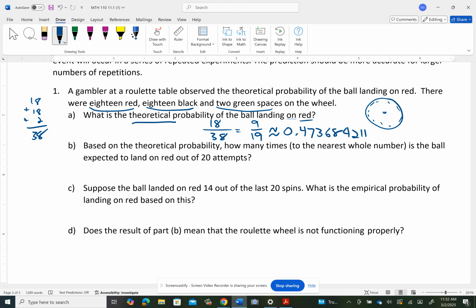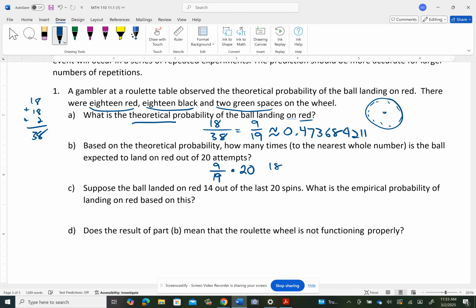So the next question says, based on the theoretical probability, knowing that there's a 9 out of 19 chance of landing on red, how many times, to the nearest whole number, would you expect to land on red if you spun the wheel 20 times? We could take our probability, 9 out of 19, multiply by the 20 times we're going to perform the experiment, and that would give us an estimate of how often that should happen.